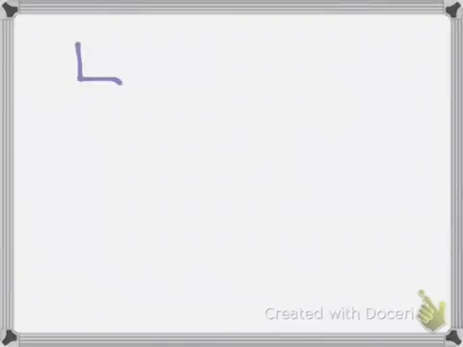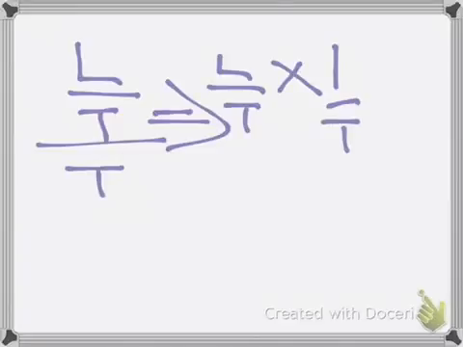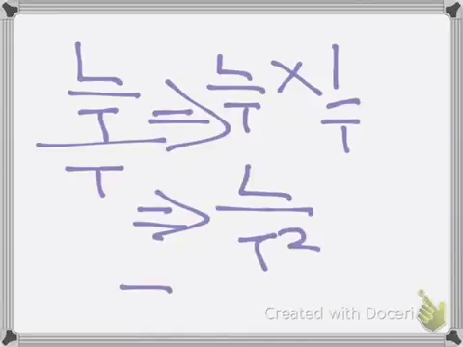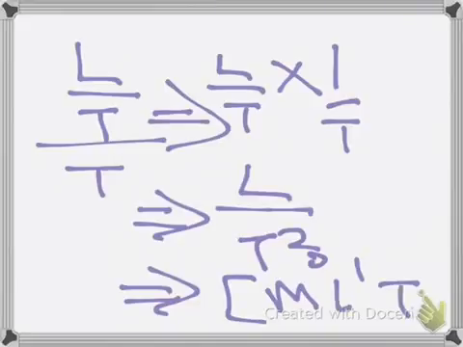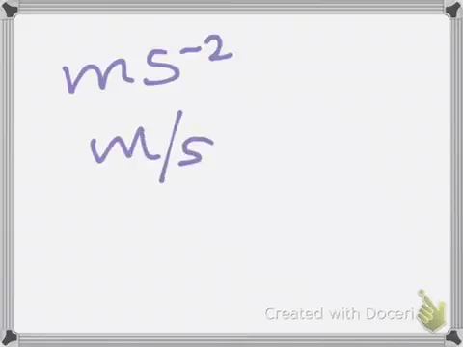So this is length upon time divided by time, which is length upon time into 1 upon t, which is equal to L upon t square, which is equal to M0 L1 T raised to the power minus 2, because this is LT minus 2, and its units are meter per second square, or meter second raised to the power minus 2, which is also written as this.